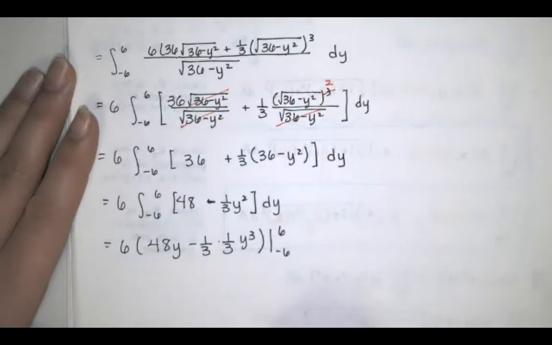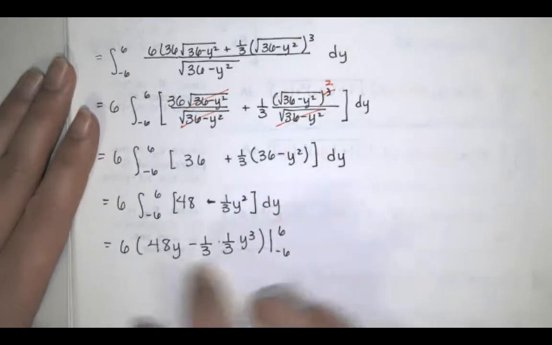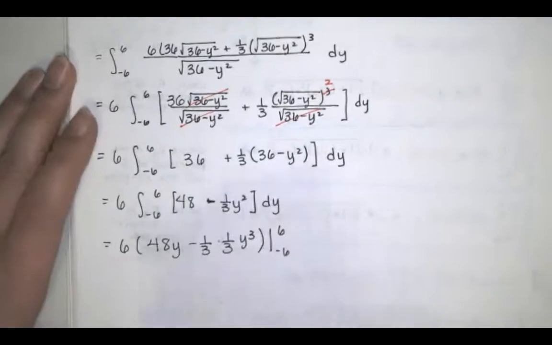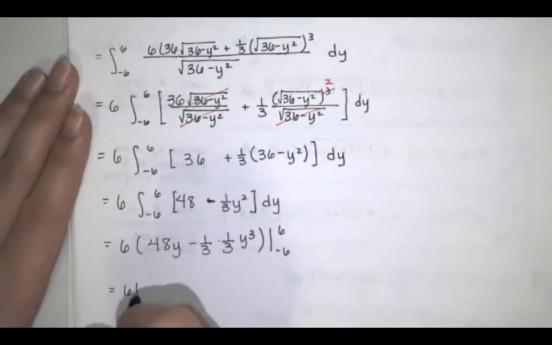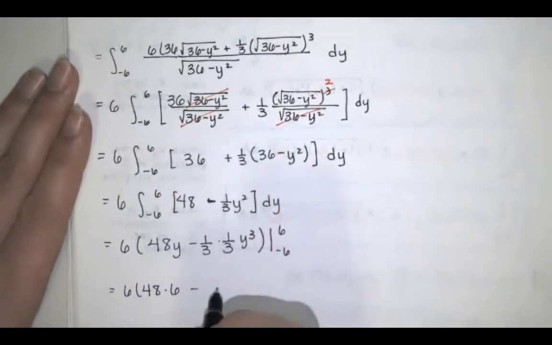Notice that this is an odd function. So if I evaluate this at -6 and I evaluate this at +6 and I subtract them, I'm actually going to get the same thing twice. Now, if you're not with me there, you can always just plug in 6 and -6.